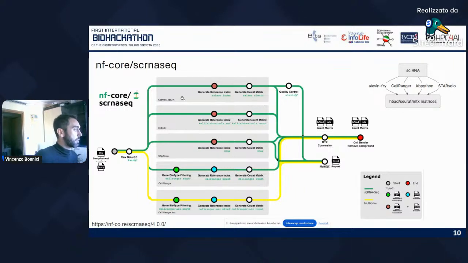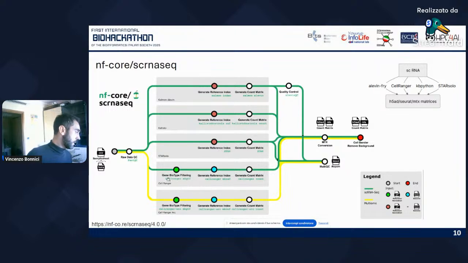One is performed by using the tools Salmon and Alevin. So there is always a reference index that is generated, then the count matrix is generated, and then there is a quality control. In this case, it's specific for this pipeline, but you can also use the Kallisto pipeline, the STARsolo pipeline, or the Cell Ranger pipeline.